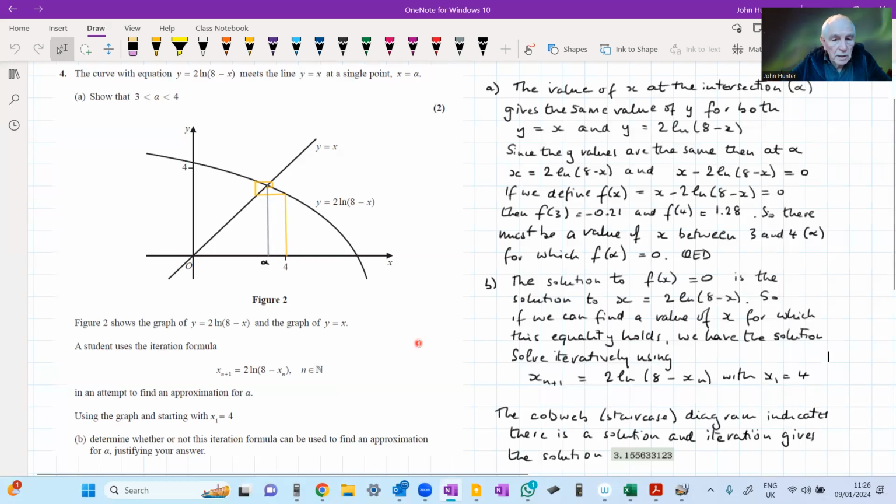Now, if you come across one of these questions in an A-level exam paper, I do recommend that you give it a go, because these things are relatively straightforward for the marks that you're going to gain from them. So well worthwhile, I think. Hopefully that has been useful, and thanks for listening.